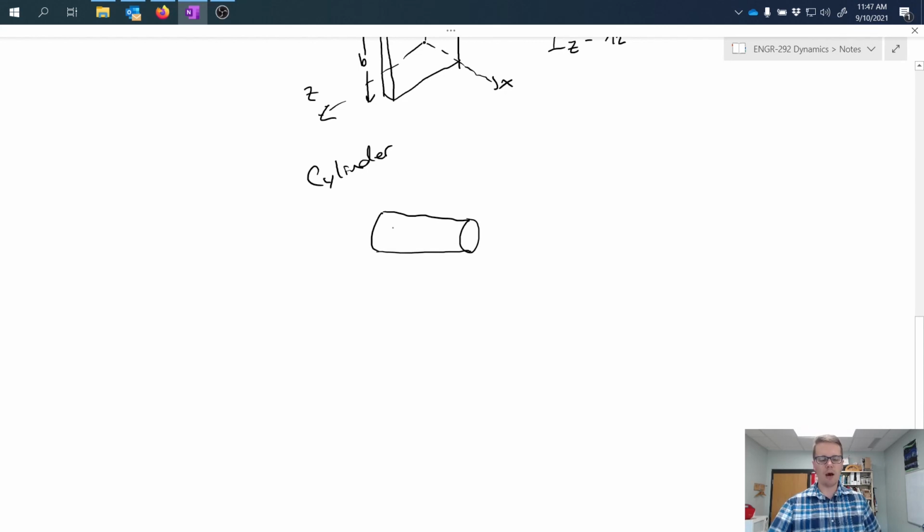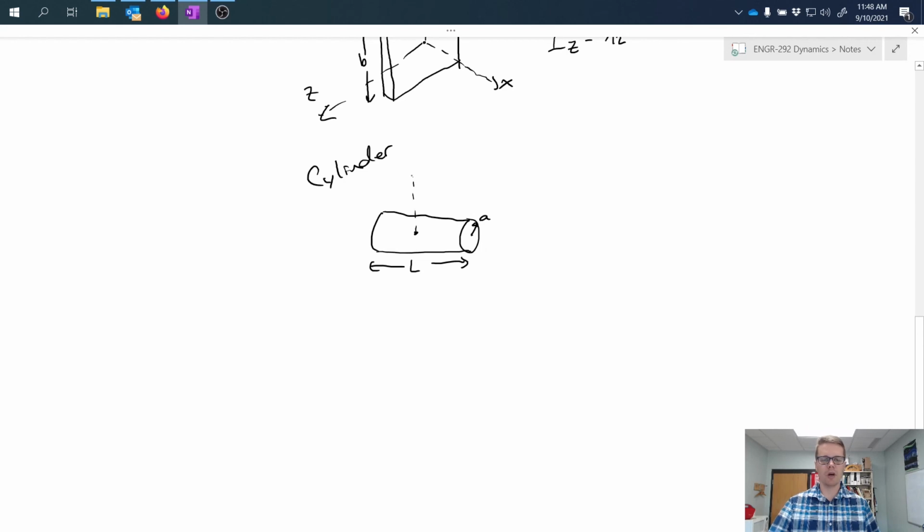But of course now we're arguing that the diameter, or the radius of the cylinder, radius let's call it in this case, labeled A, is no longer a negligible quantity. So it's relatively significant and therefore needs to be considered.